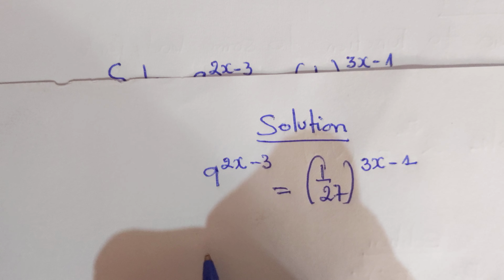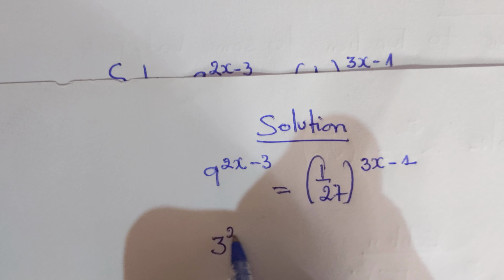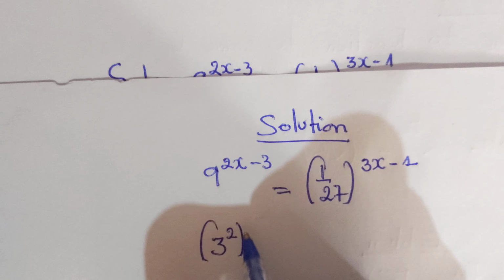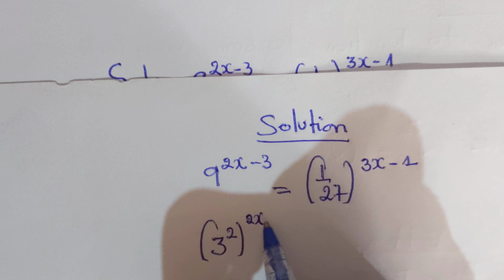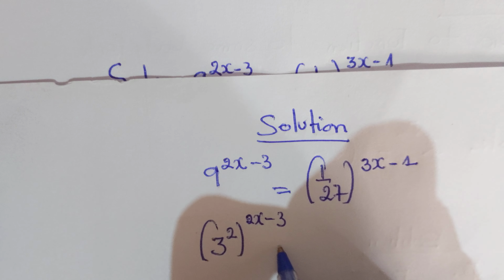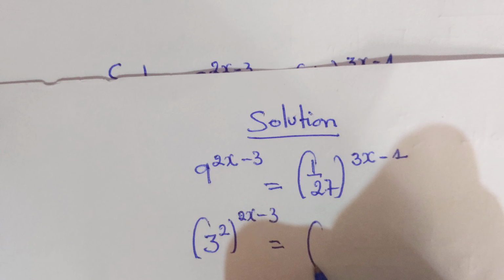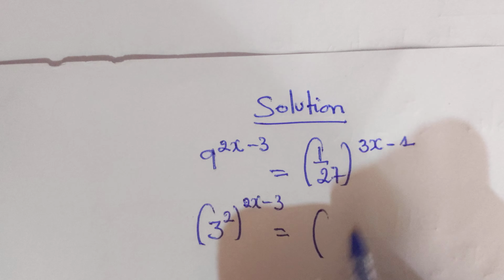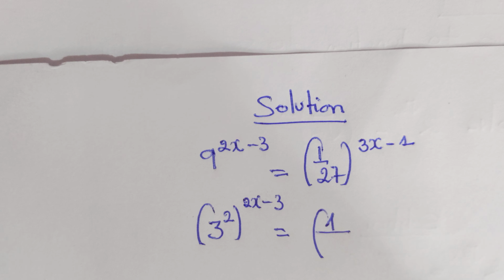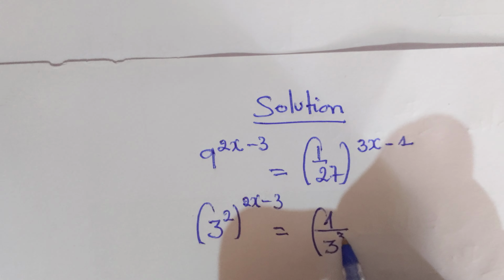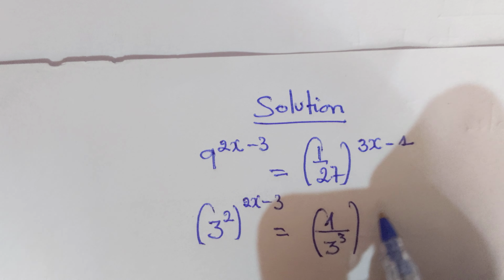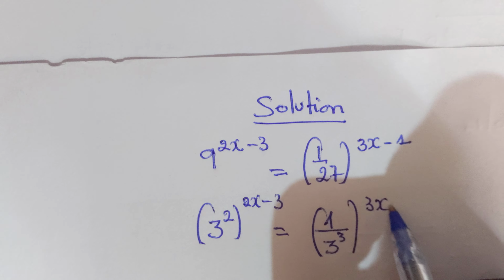9 is equal to 3^2, or 3 squared, then to the power 2x - 3, which is equal to 1/27. 27 is equal to 3^3, then to the power 3x - 1.